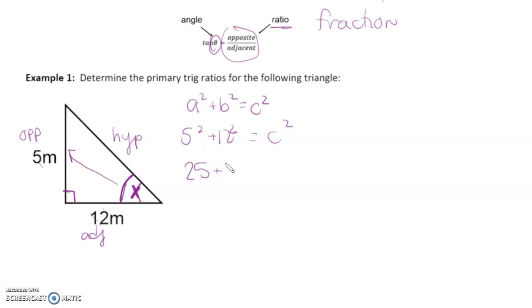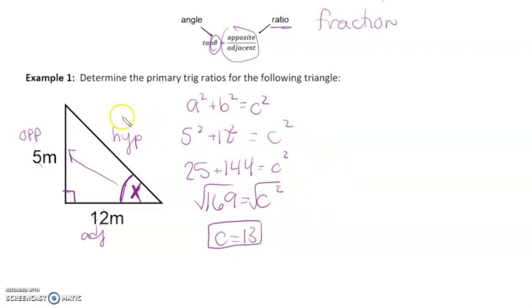Okay, so we get 25 plus 144 equals c squared. I think we get 169 equals c squared. And then in order to get the squared off of the c, we can square root it. So we get c equals 13. Okay, so this is 13 here, and that's measured in meters.